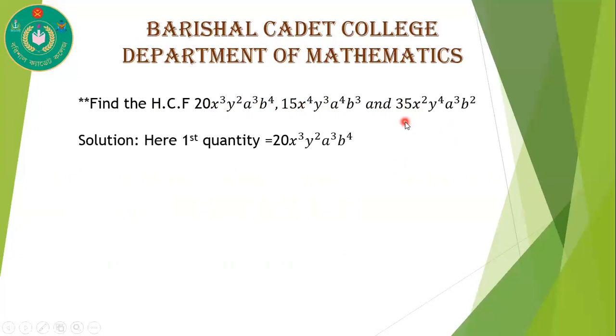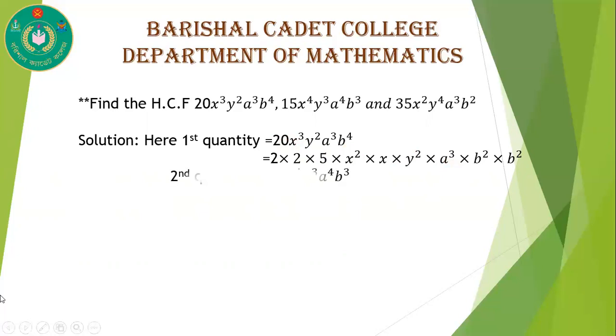Here the first quantity 20 x cube y square a cube b4. Then we can write the prime factors 2 into 2 into 5, x cube is equal to x square into x, y square, a cube, b square into b square.